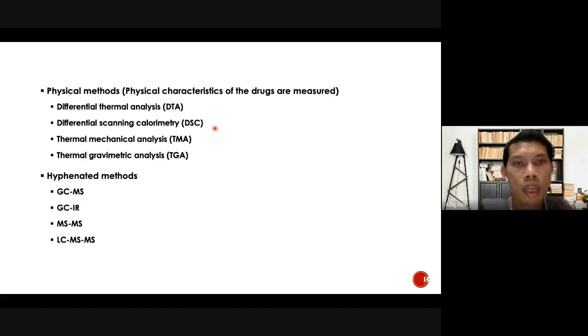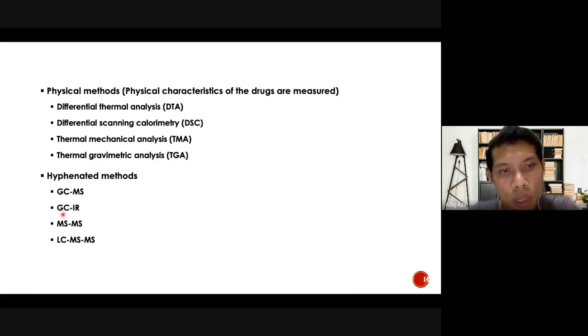Hyphenated actually involves two types of instrument connected together. Like the first one, you have GC-MS. This is gas chromatography combined with mass spectroscopy, meaning that in GC, once you inject the sample mixture, it will get separated first, but the detection or the analysis is further done by the mass spectroscopy.